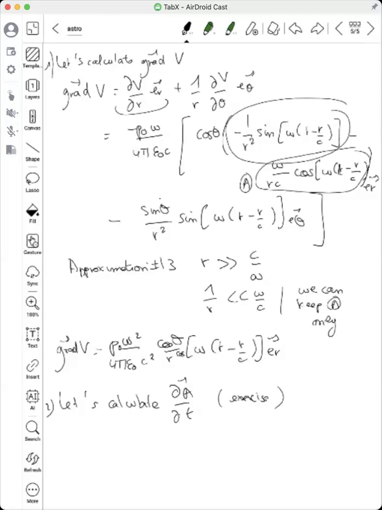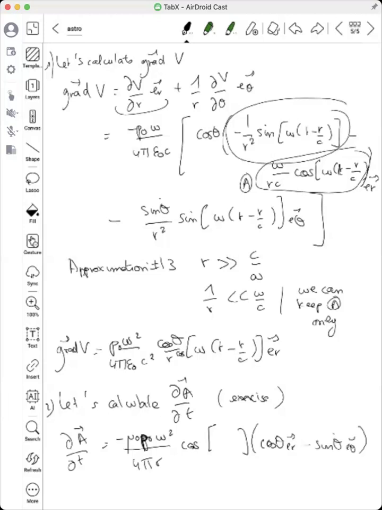And you will get that the answer is that dA over dt is equal to minus mu 0 p0 omega squared over 4 pi r, cos of the usual thing, and then here I have cos theta e_r minus sin theta e_theta. Okay.